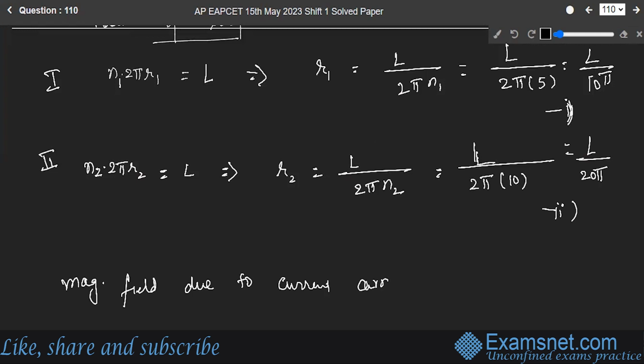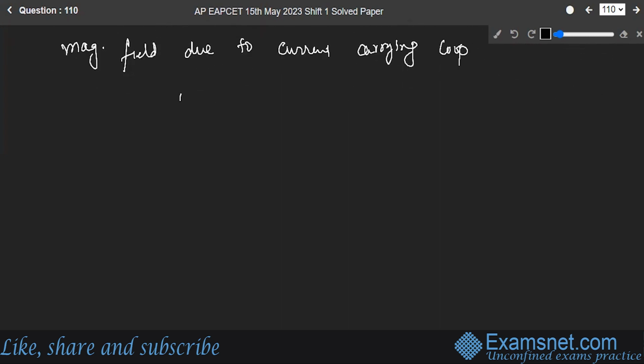Now the magnetic field due to a current carrying loop is given by B is equal to mu naught N I upon 2R.